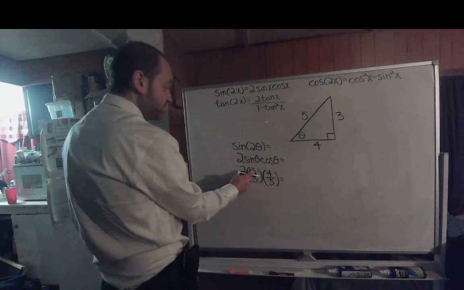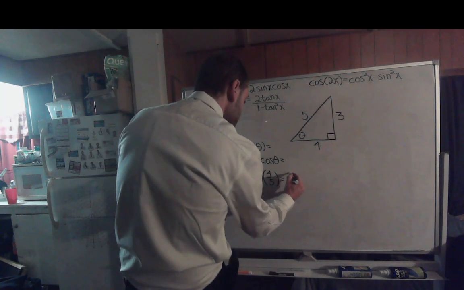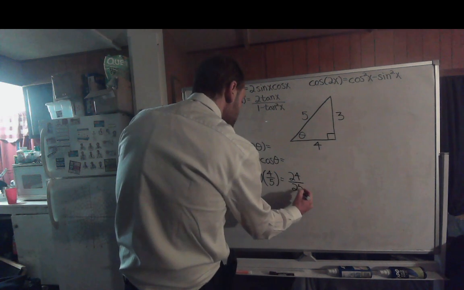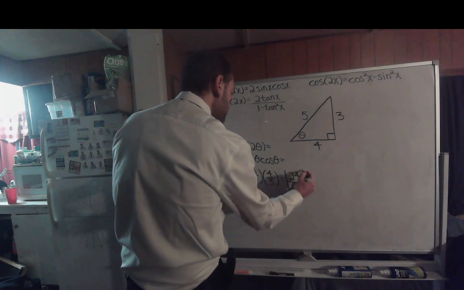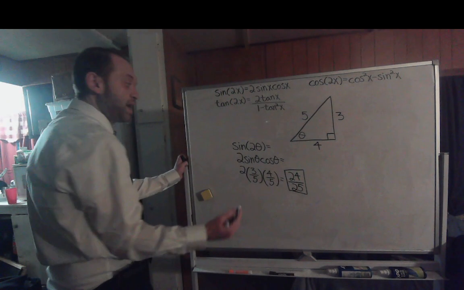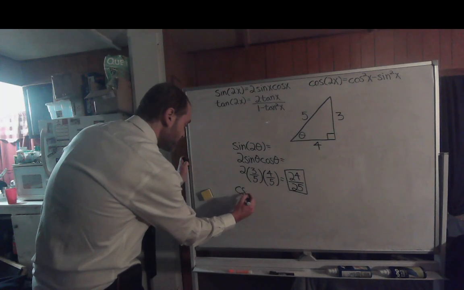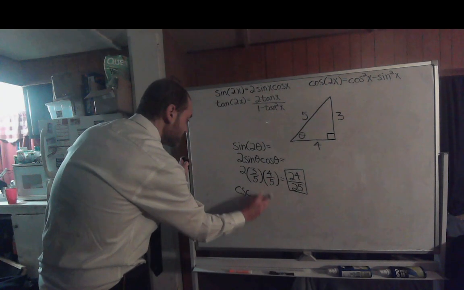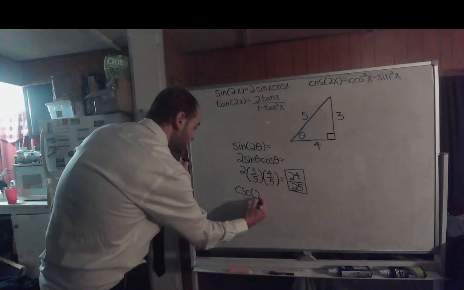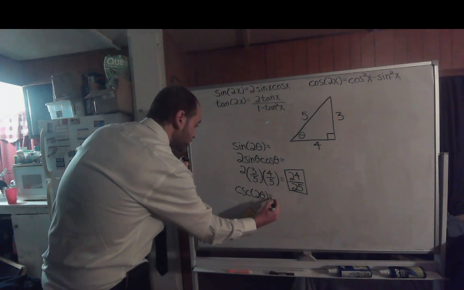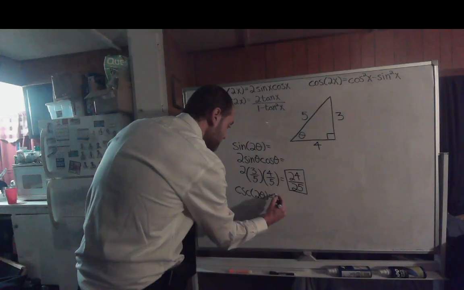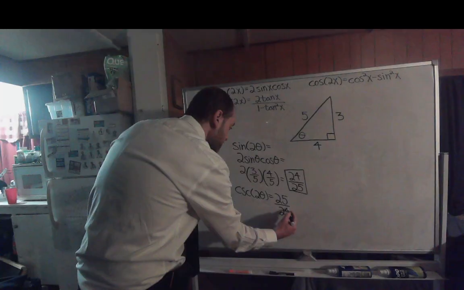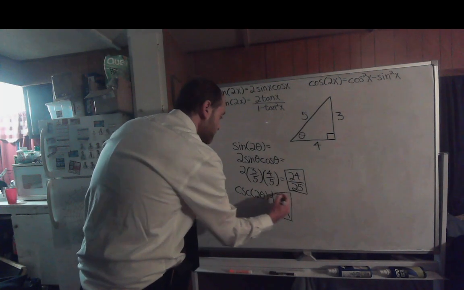So 2 times 3 is 6 times 4 is 24. So your sine of 2 theta should be 24/25. And then if you were asked to find the cosecant of 2 theta, well, we know cosecant is the reciprocal of the sine, so just take the reciprocal of 24/25 and you would end up getting 25/24 for the cosecant of 2 theta.